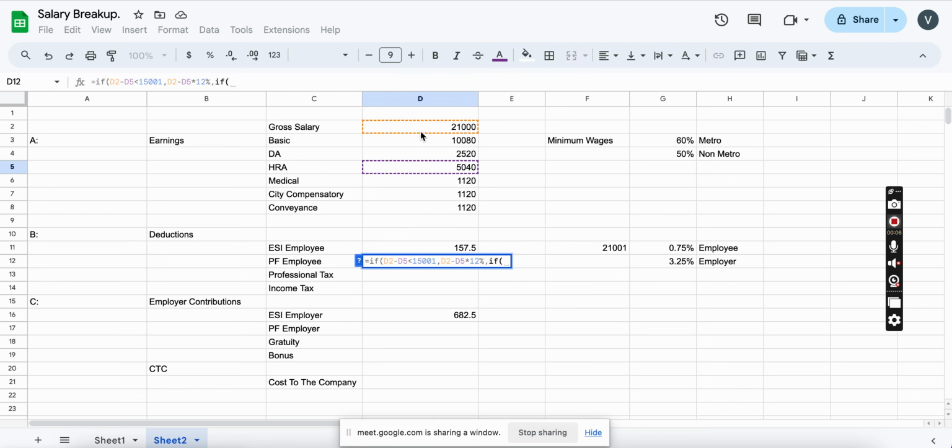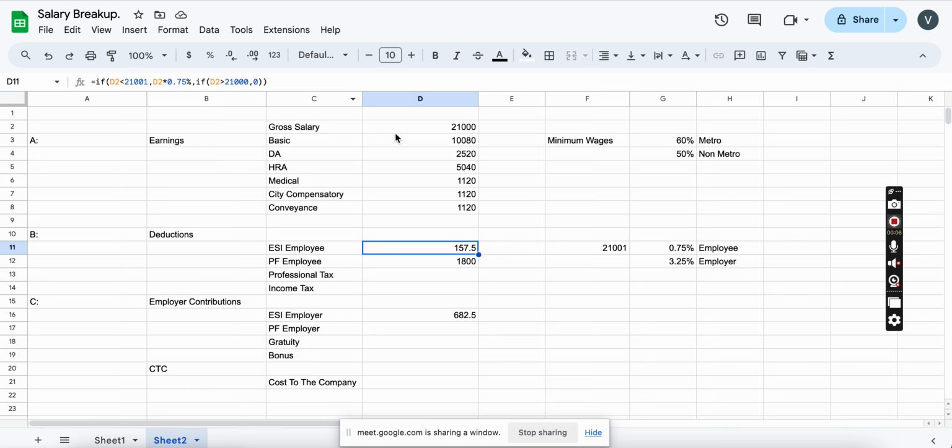If gross minus HRA is more than 15,000, then it will be 1,800.